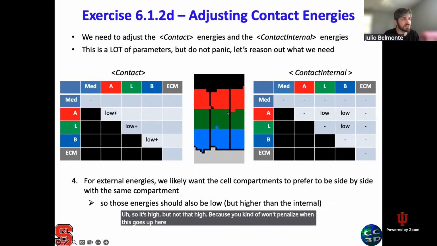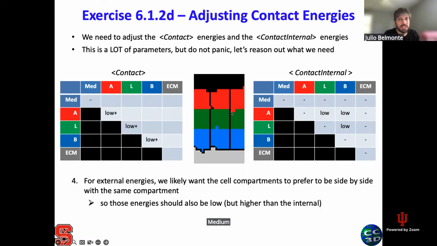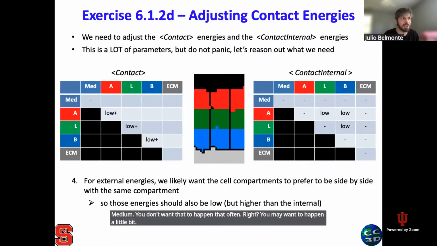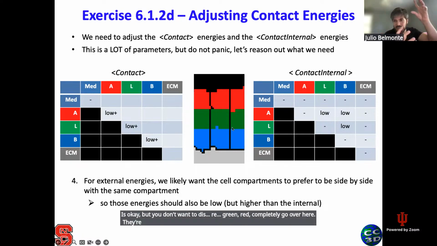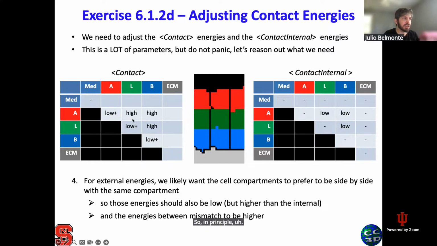So for example, this contact here, the green contact, the medium, you don't want that to happen that often, right? You may want it to happen a little bit, it's okay, but you don't want this green and red to completely go over here. That's going to be bad. They're going to misalign your epithelium. So in principle, I agree with most of you, it has to be high, or maybe medium.